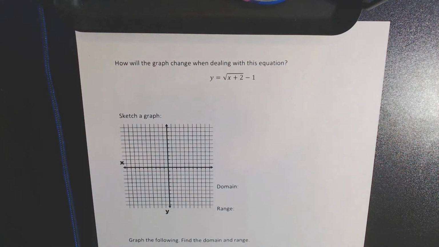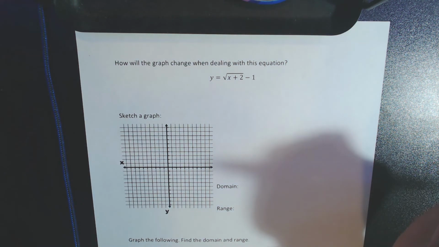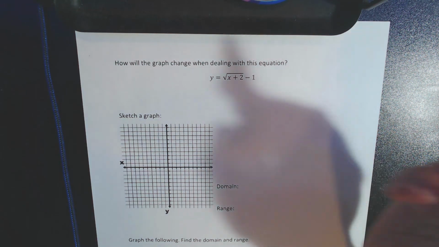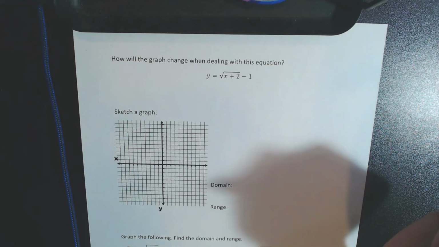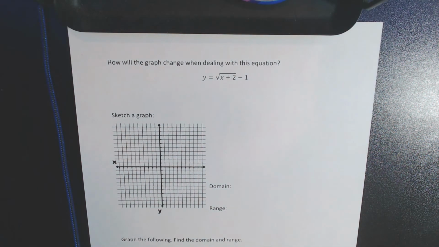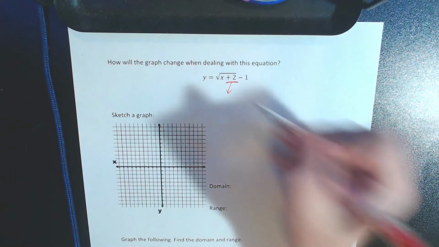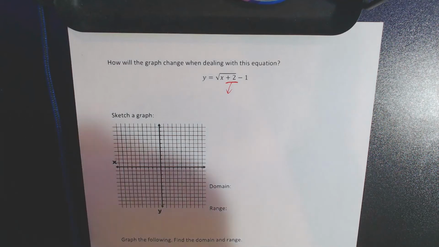Okay, now that we graphed our basic square root, we can sketch a graph of something like this, where it's transformed. The rules for how the graph is changing are very similar to the absolute value and the parabola that we did before. So what do you think this +2 inside the square root right next to the x is going to do?